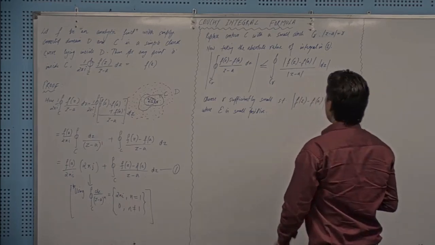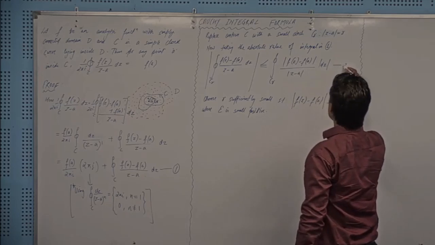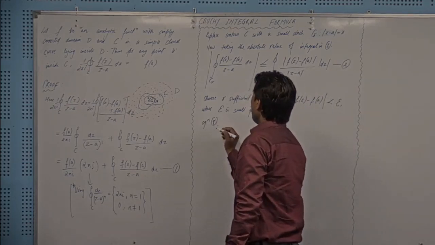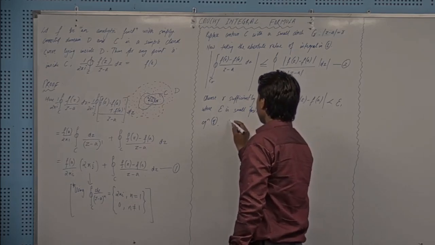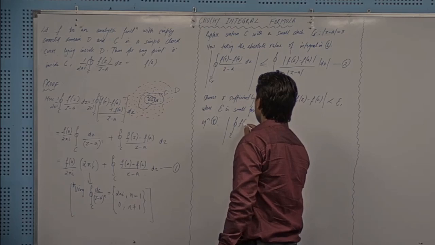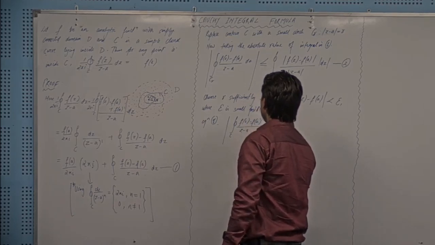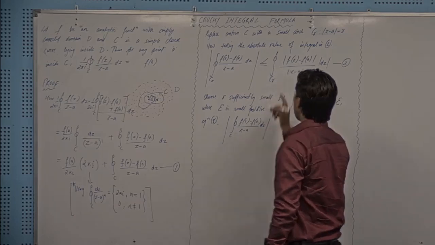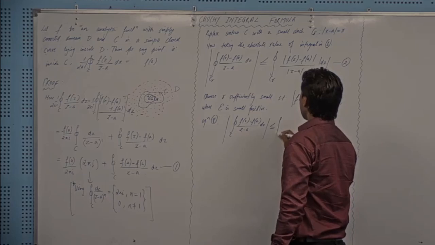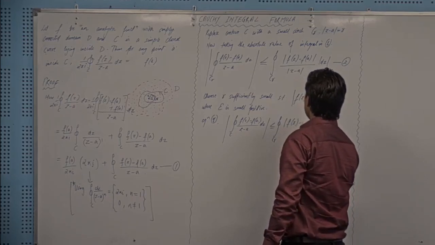Now, plugging these values into equation number 2, it becomes the modulus of the integral over C of (f(z) minus f(a)) over (z minus a) dz, which is less than or equal to the integral over C_R of mod f(z) minus f(a).